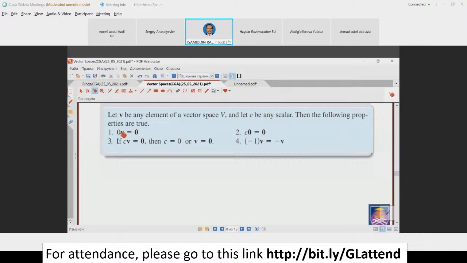If F is the set of real numbers, then it's just real zero. Or complex numbers, it's just zero. Or maybe rational numbers, again it is zero. So this is a number, this is a vector. Multiplying them, you will get zero. This can be easily seen.